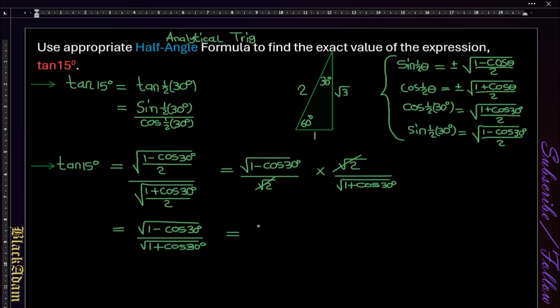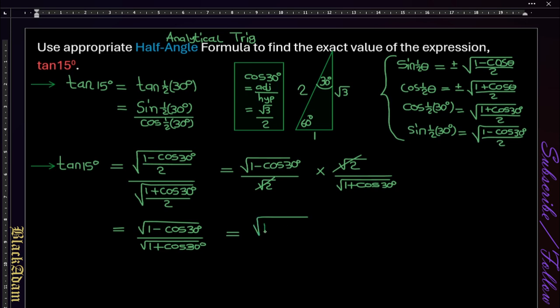Okay, so we know that cos 30 degrees is adjacent over hypotenuse, so our adjacent to 30 degrees is root 3 over 2. With that information we substitute cos 30 degrees.